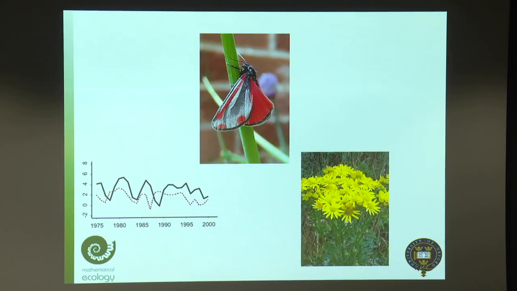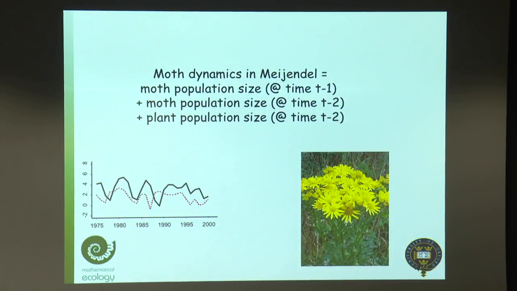We don't see that nice stable dynamics of the moths, and why is that? Well, we've got an idea about the sorts of dynamics that we have, and these time series allow us to do some statistical analysis. So I can ask basically what determines moth numbers in this place in the Netherlands, and how is it dependent? Is it dependent on the moths? Is it dependent on the resources?